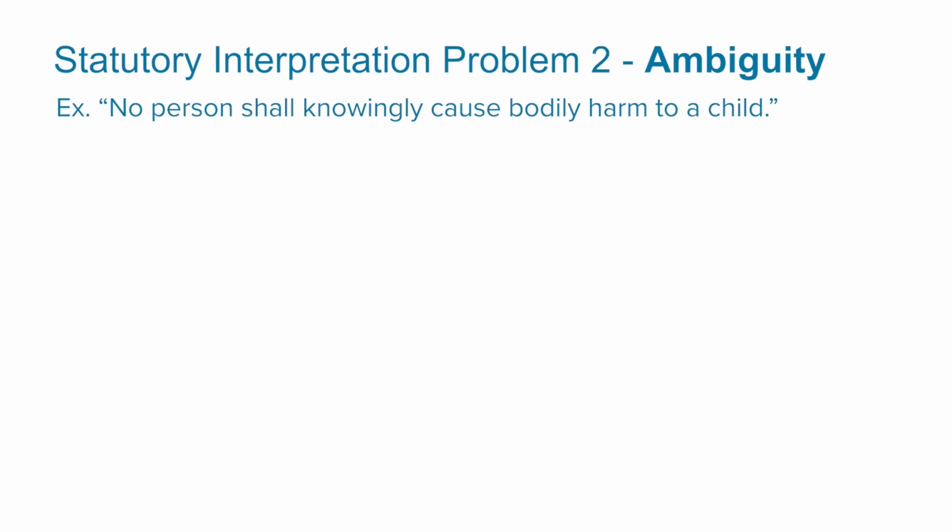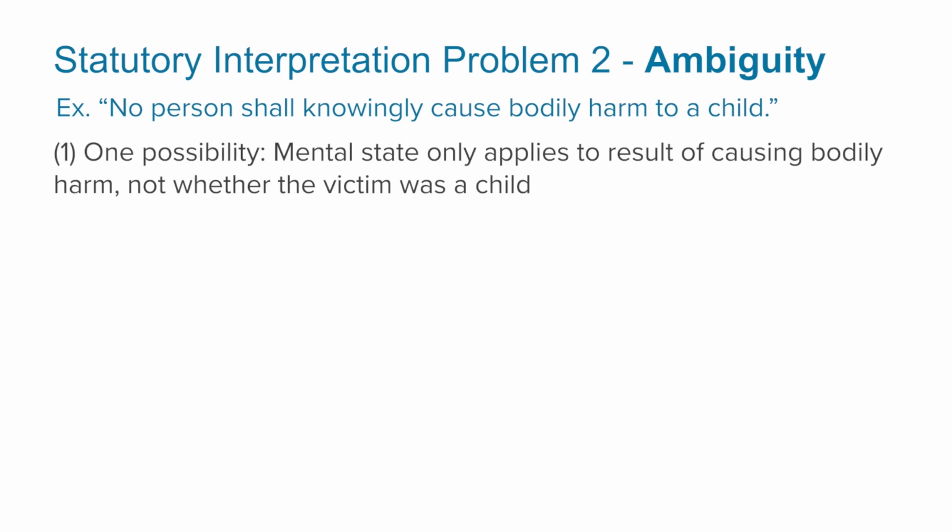On the one hand, the enumerated culpable mental state of knowingly could be interpreted as applying only to the result element of causing bodily injury. In that case, all the government would need to prove to secure a conviction is that the defendant was aware that his or her conduct, say for example throwing a rock at someone, would cause bodily injury. Now, on this reading, it would be immaterial whether the accused was aware that the victim was a child.